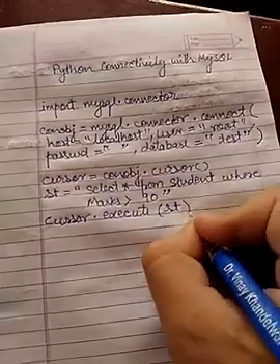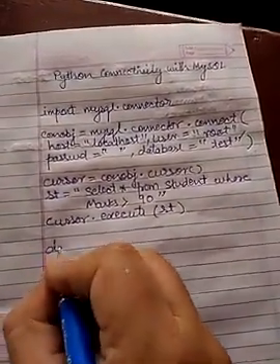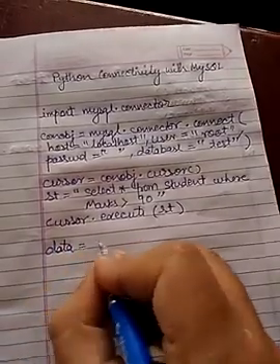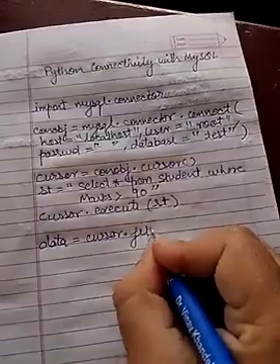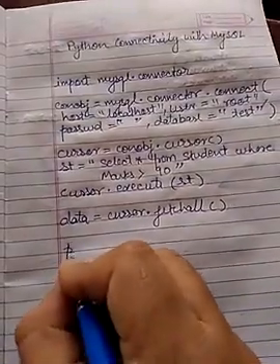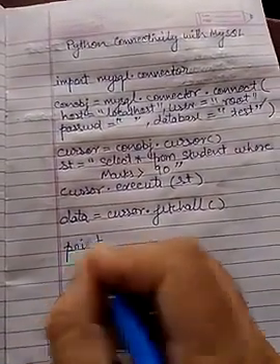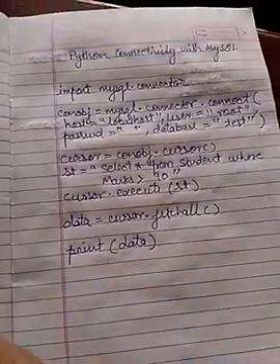execute statement. Now we have to fetch the data. So data equal to cursor dot fetchall. Now we want to print the data. Print data.